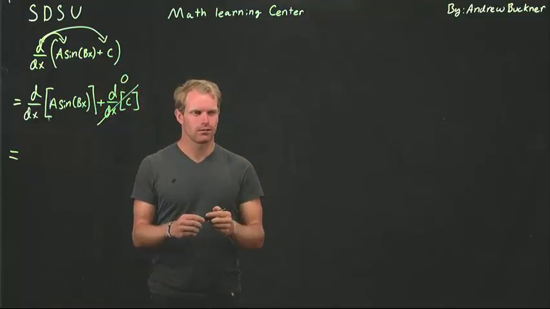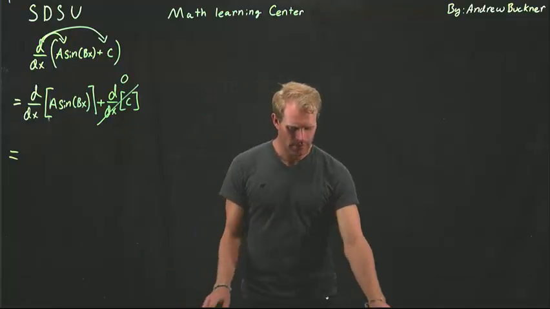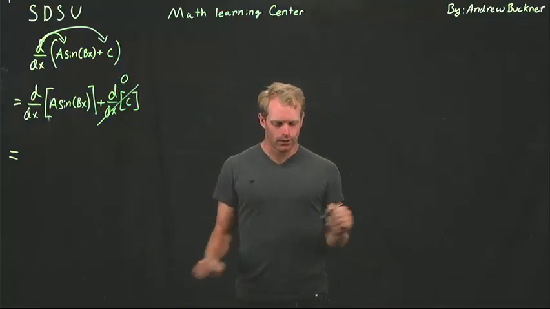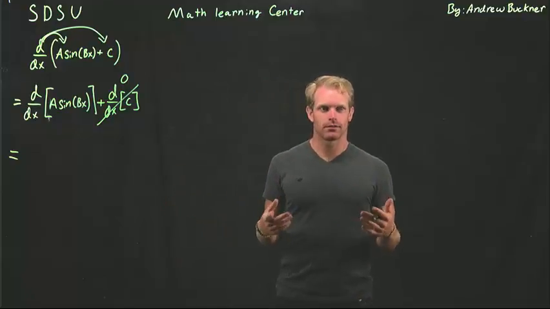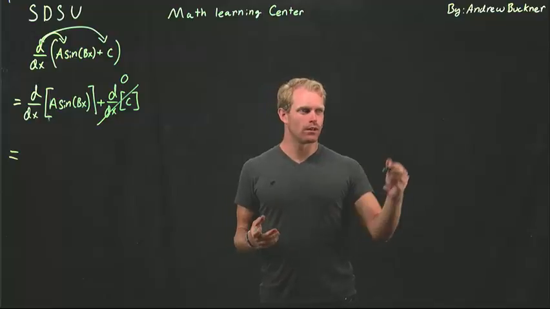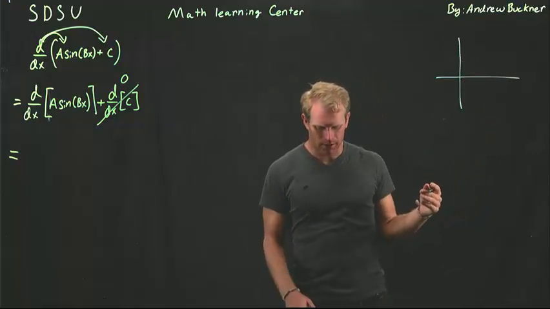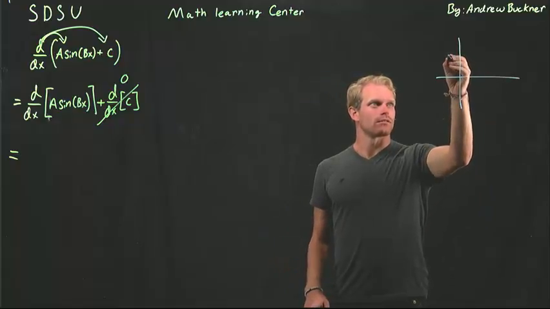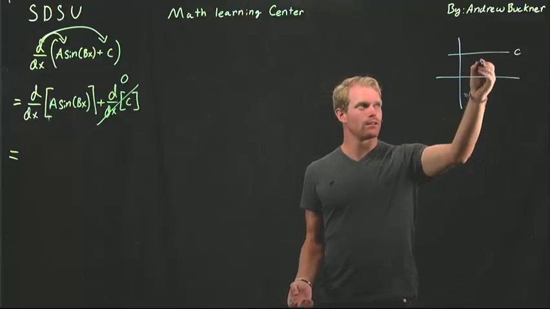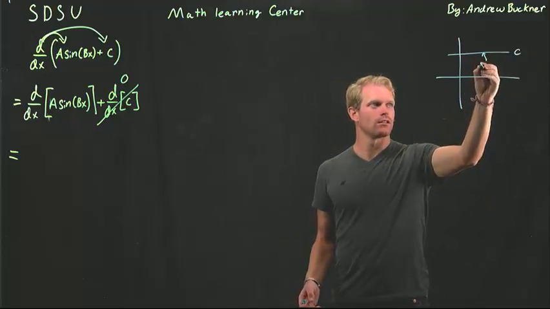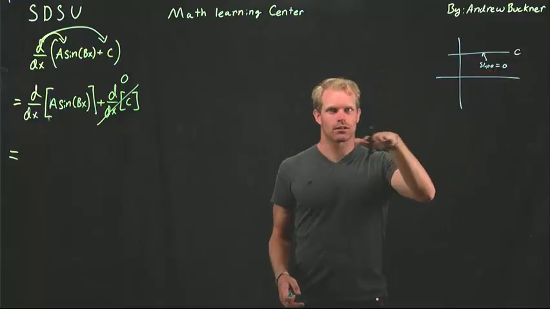Yes, Jenna, go ahead. Why is the derivative of a constant 0? That's a great question. When we talk about the derivative of a function, we usually are trying to find the slope. Over here, we have a graph, and if I'm plotting c as a function of x, this is my line c here, and the slope of this line is equal to 0 because it's a horizontal line.